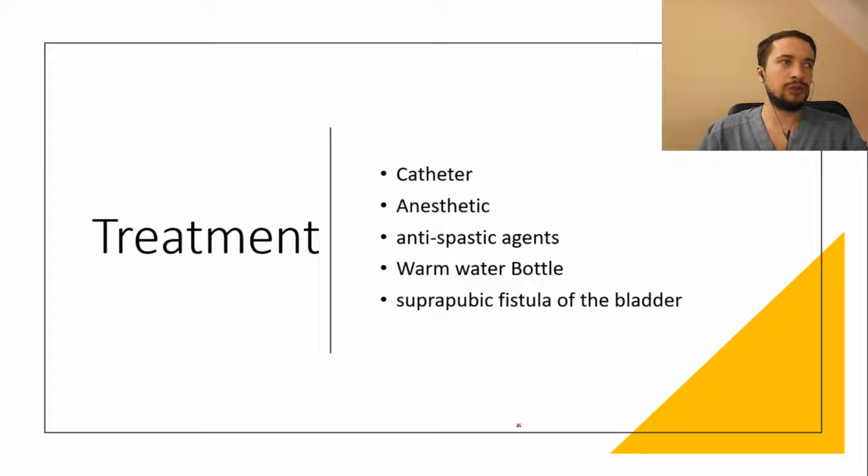What about treatment? We will have a urinary catheter inserted in the bladder. It can help us to monitor diuresis. And when we talk about this pathology, we need to understand that adequate anesthesia, adequate painkillers can help us to prevent this pathology in patients.